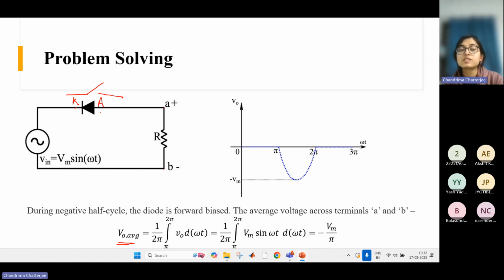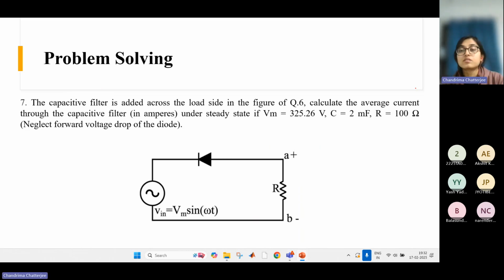And based on that, the circuit will be a closed circuit or an open circuit. Okay, let's proceed.